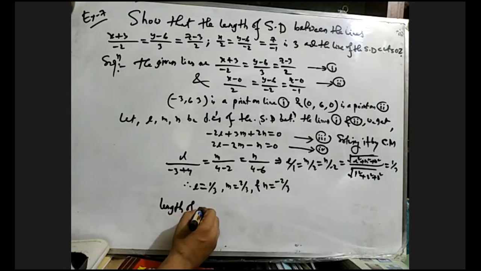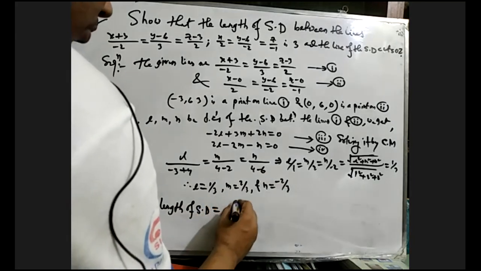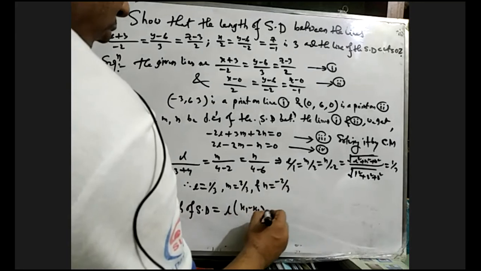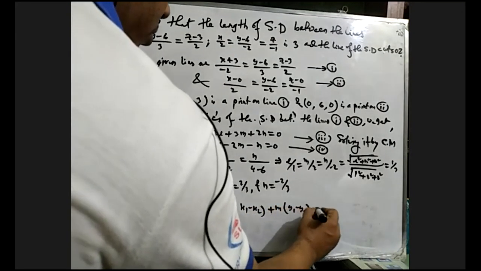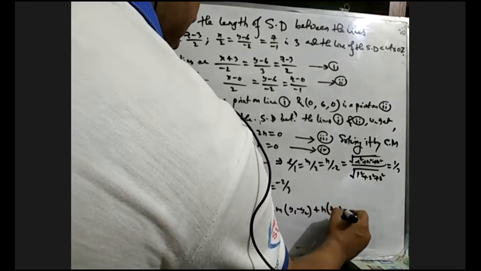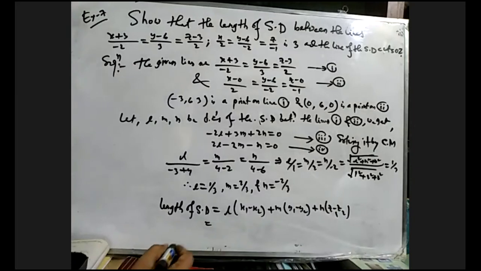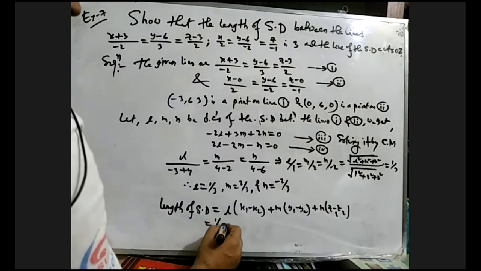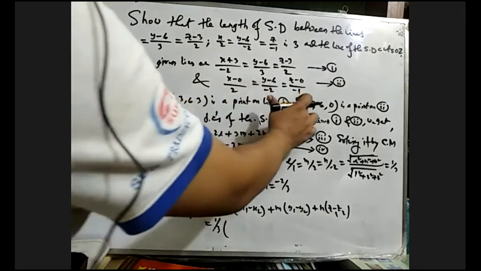Now the length of SD, that means the shortest distance, will be given by the formula L into x1 minus x2 plus M into y1 minus y2 plus N into z1 minus z2. This is the formula for finding the length of the shortest distance, where x1, y1, z1 and x2, y2, z2.